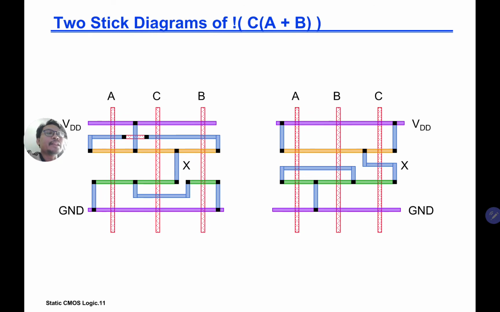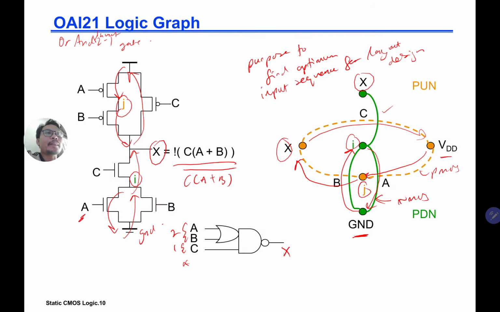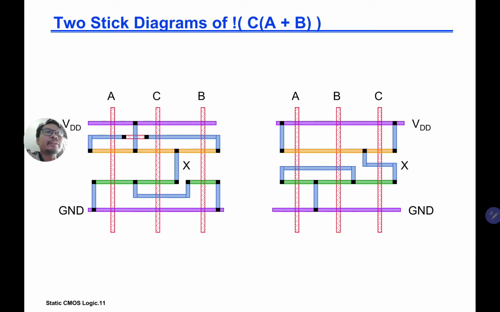Basically when we talk about the sequence, to do the physical layout, we can have many different sequences. We can make a layout with ACB, ABC, and so on. If you're not familiar with the stick diagram, this here is your polysilicon gate.